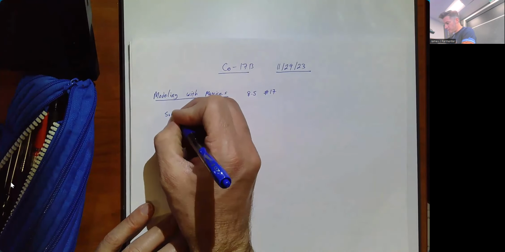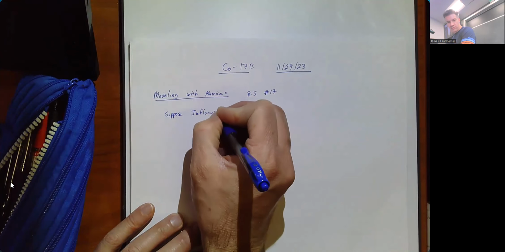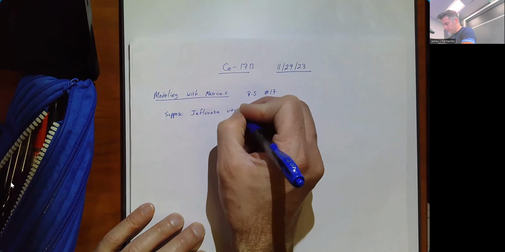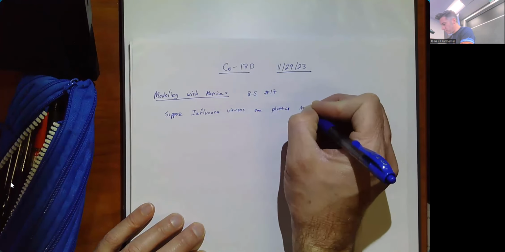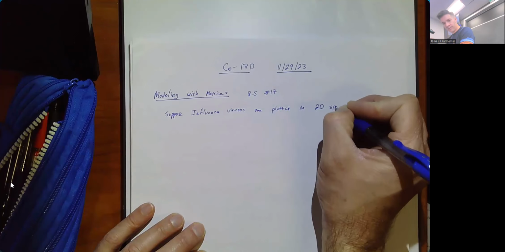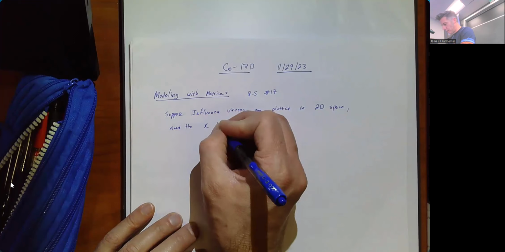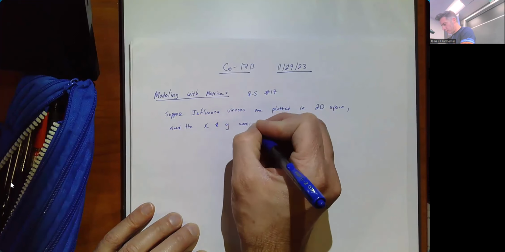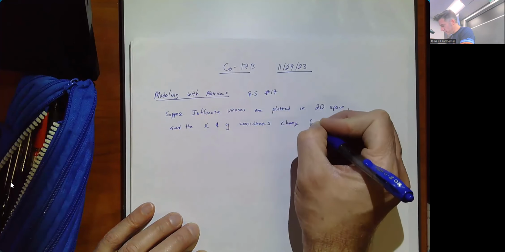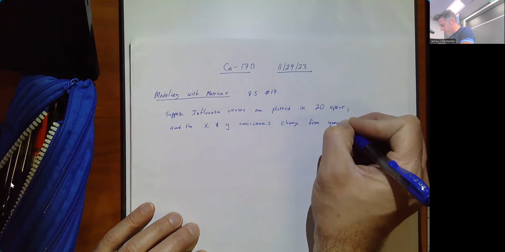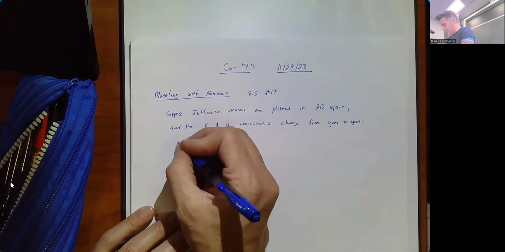Suppose influenza viruses are plotted in two-dimensional space, and the X and Y coordinates change from year to year according to the following diagram.